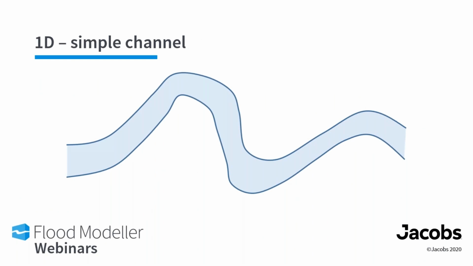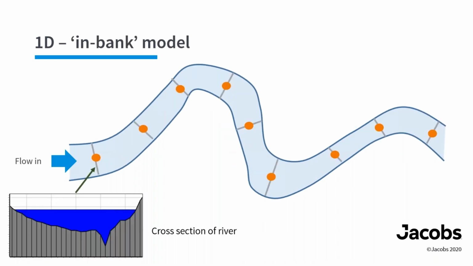So let's explain a bit more about that definition of 1D. On the screen at the moment is a very simplified plan view of a channel, looking down on a channel meandering across my page here. If we take a 1D approach to that, what we do essentially is survey the cross section of the river, say every 100 meters, and that can be at those locations where the grey lines are, and then we do a calculation at each one of those grey lines.